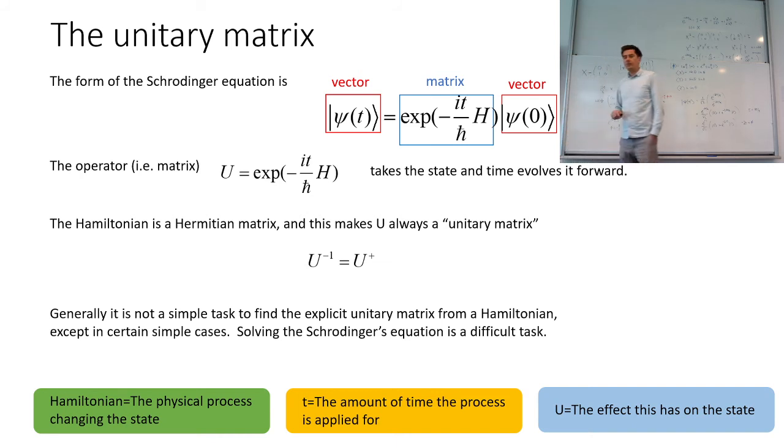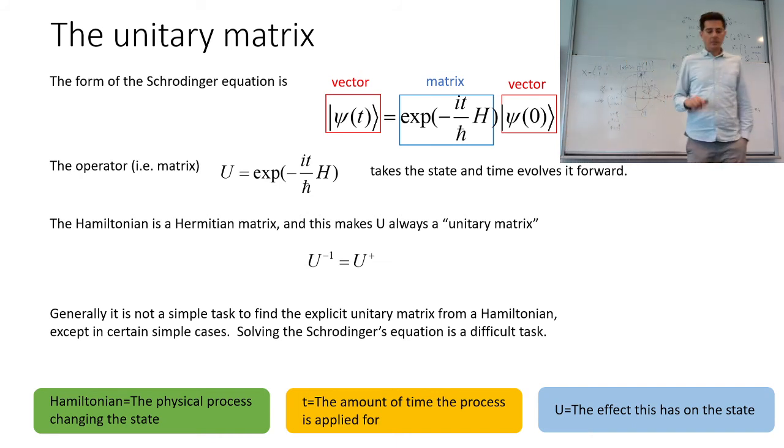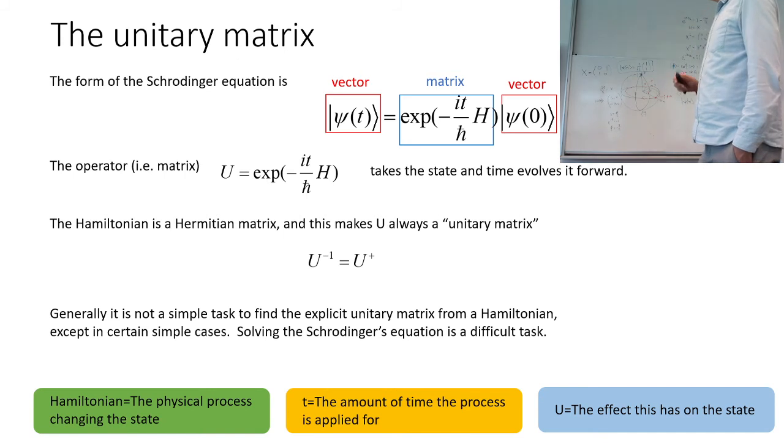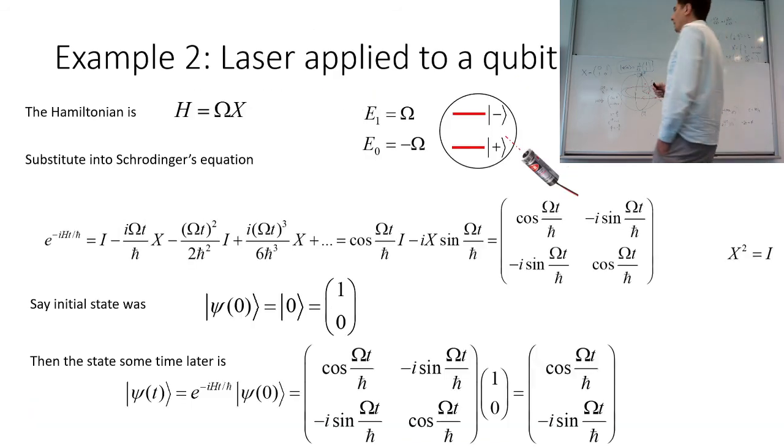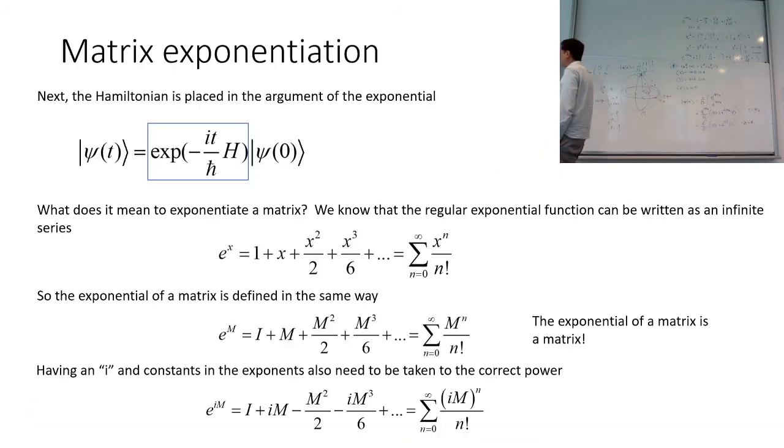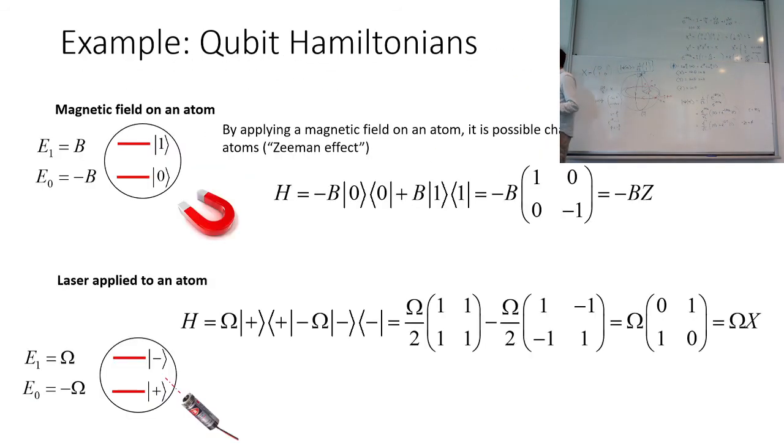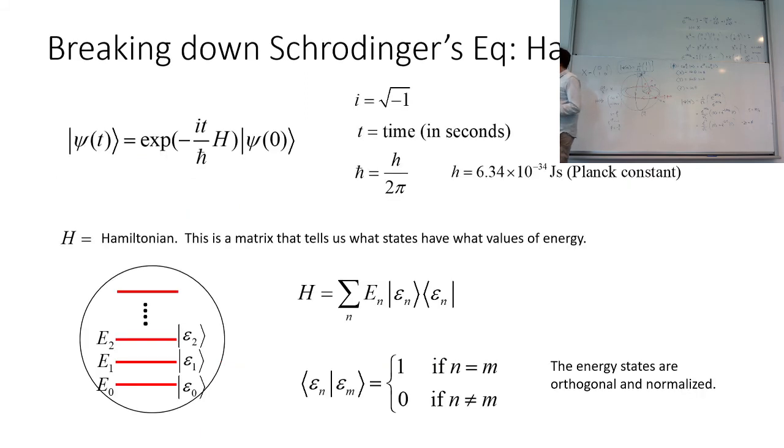One thing maybe I forgot to mention is that the Hamiltonian is always a Hermitian matrix, because it's also an observable. The Hamiltonian is quite an important object in terms of Schrodinger's equation.